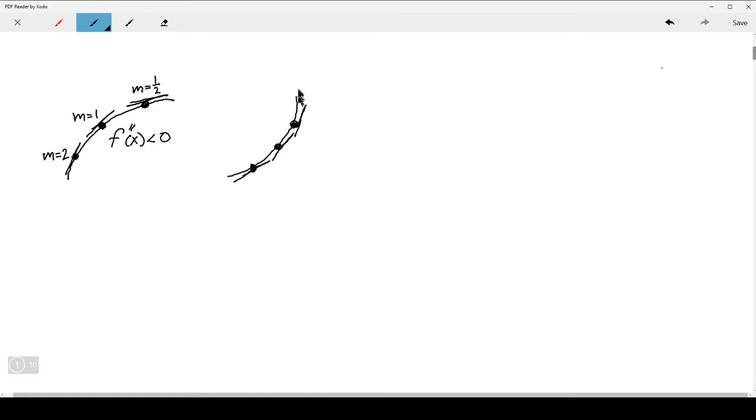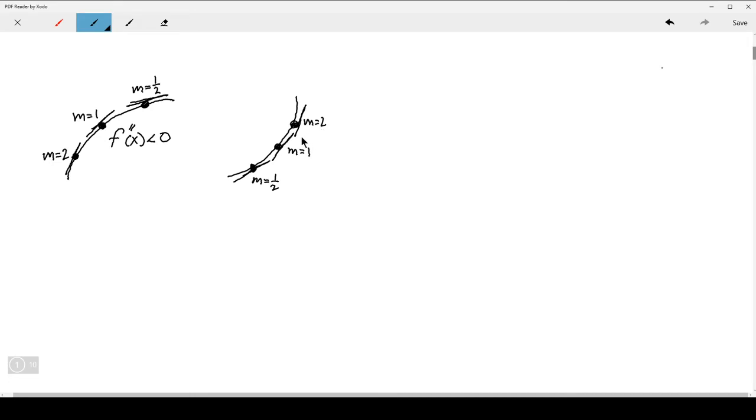It's getting steeper. So if this was m equals 1/2, this would maybe be m equals 1, this might be m equals 2. The slope of the tangent line is increasing.